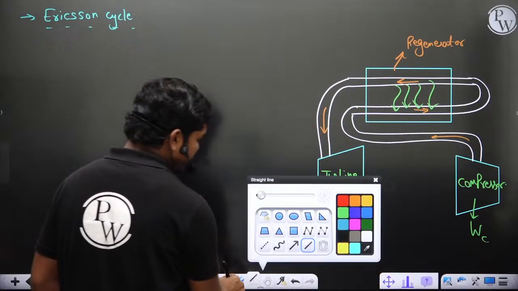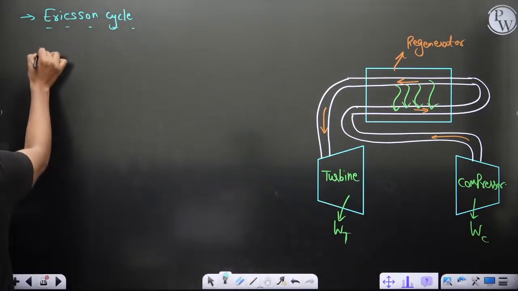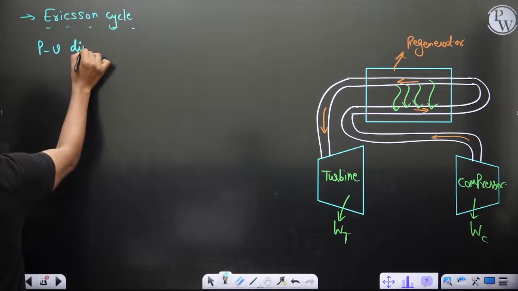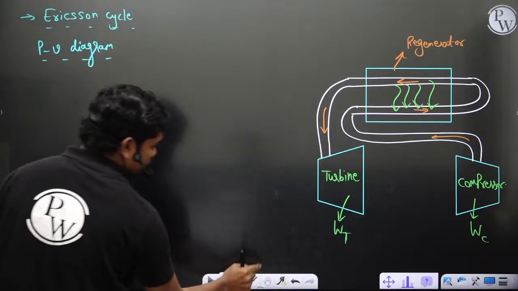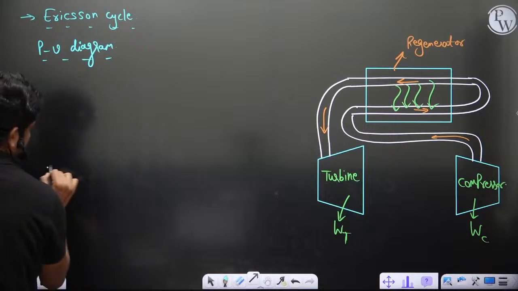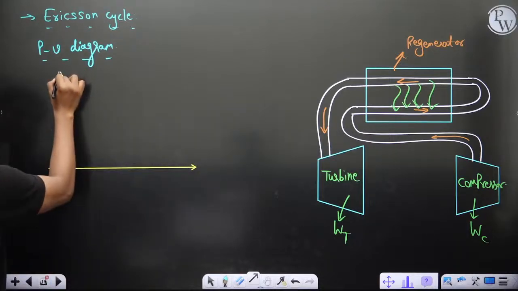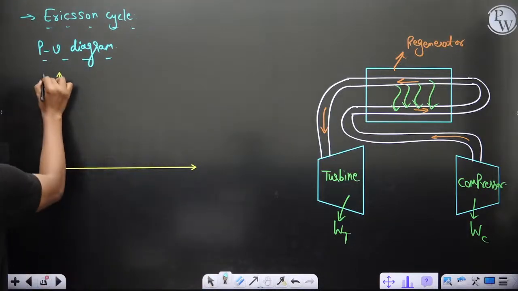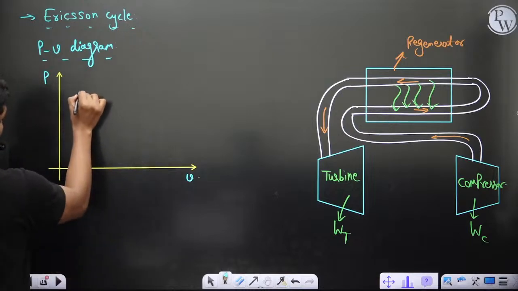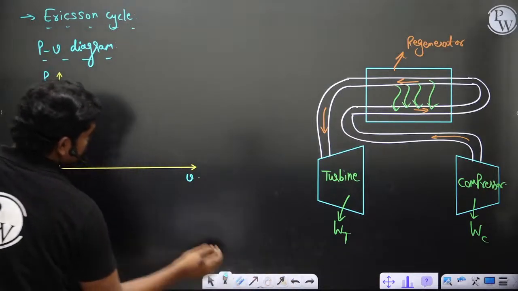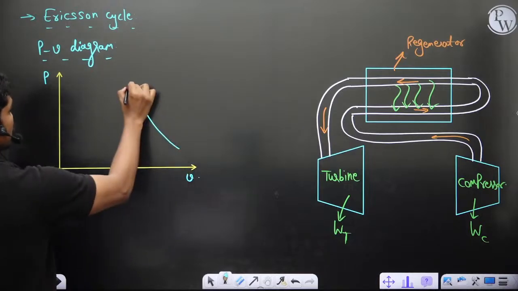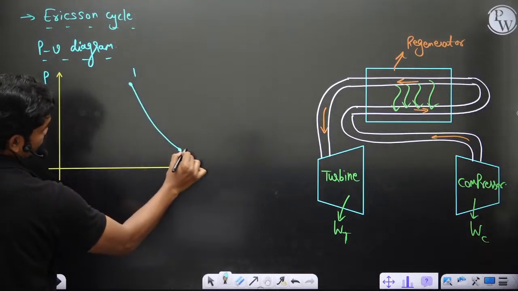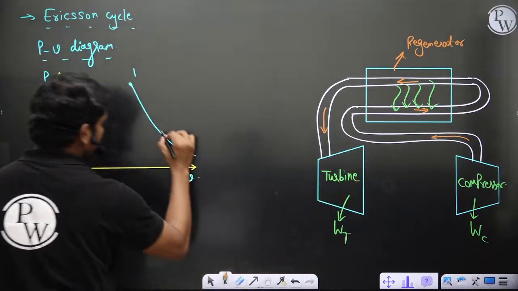And if you see the PV diagram, you have isothermal heat addition like this, state 1 to state 2, this is isothermal.